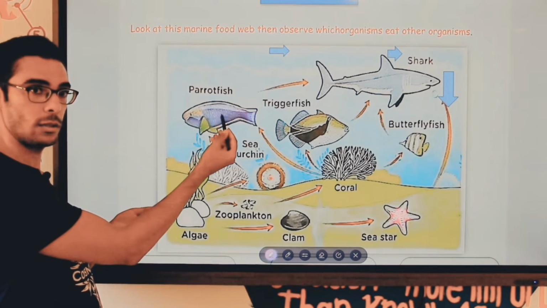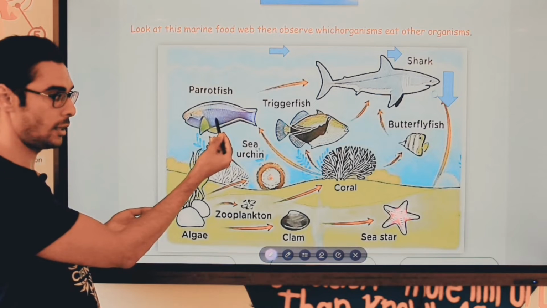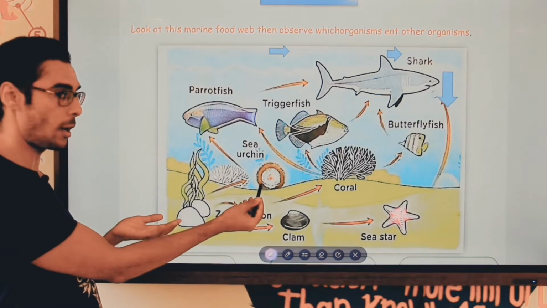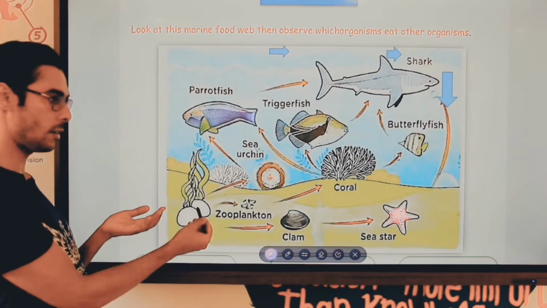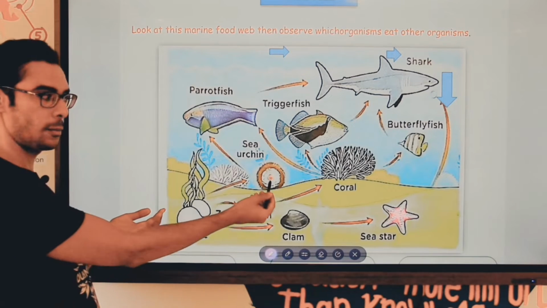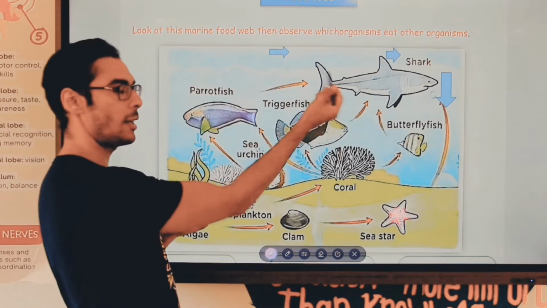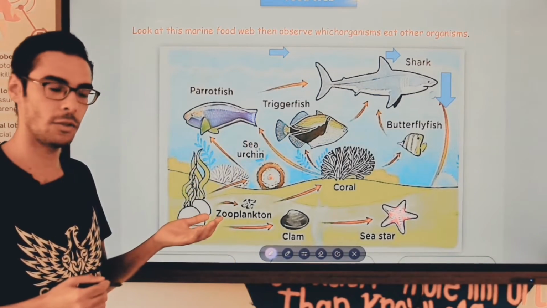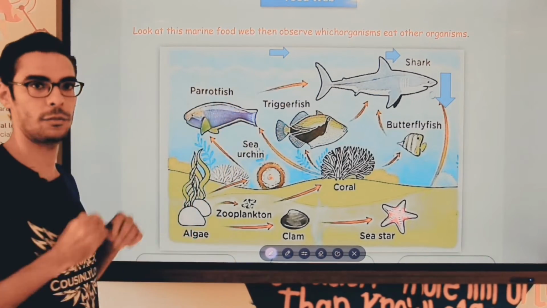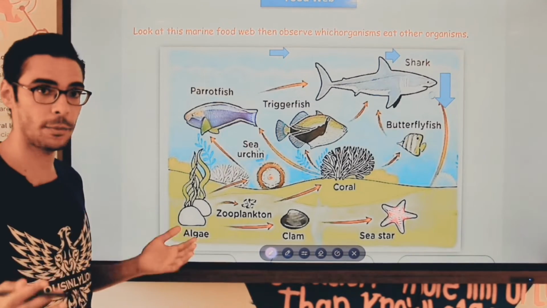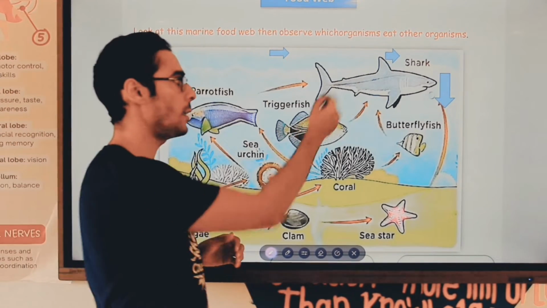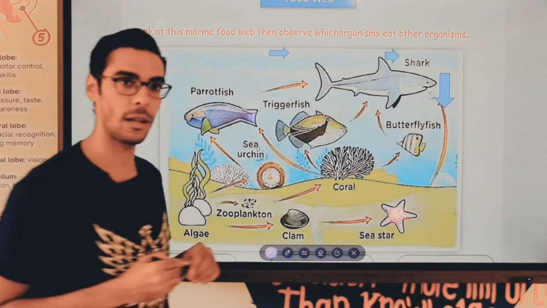The parrotfish feeds on the sea urchin, which is a primary consumer, which feeds on a producer. So producer, primary consumer, secondary consumer. So the shark here represents a tertiary consumer when it feeds on the parrotfish, and it represents the top predator or the final predator when it feeds on the triggerfish and the butterfly fish together.